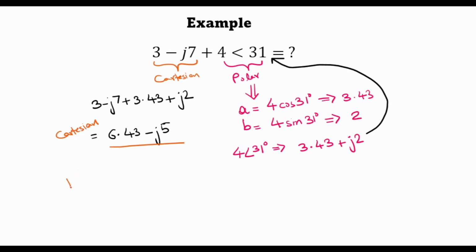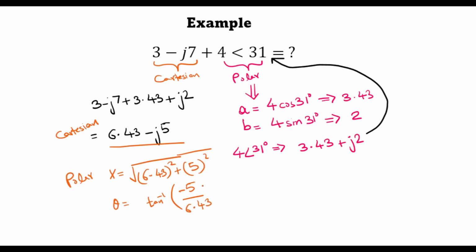Now if we want to convert it back into the polar form, we can find out the magnitude x as the square root of 6.43 square plus 5 square, and the angle theta as tan inverse of minus 5 over 6.43, and this gives x as 8.14 and the value of theta comes out as minus 37 degrees.